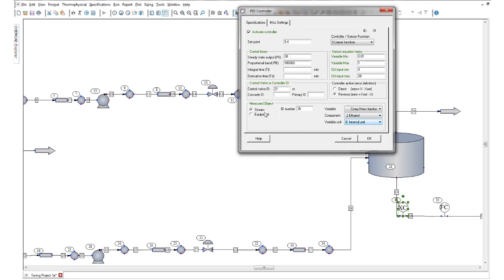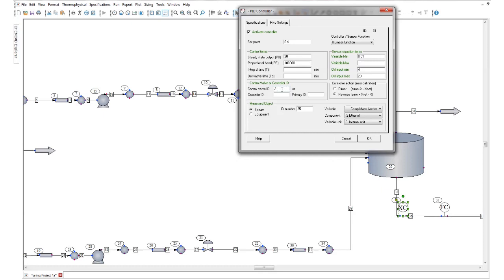And I'm looking at stream number 35, which is the outlet stream. So I'm going to control that composition. Say right now my set point is 0.4. And I'm going to be controlling my ethanol valve, which is number 21 on my screen. So that control valve is number 21.